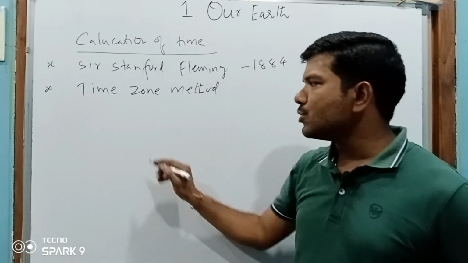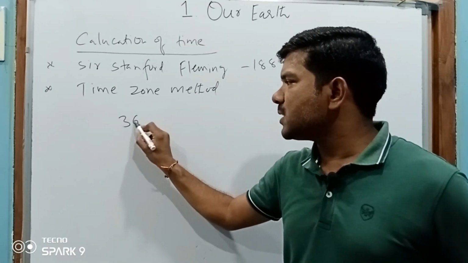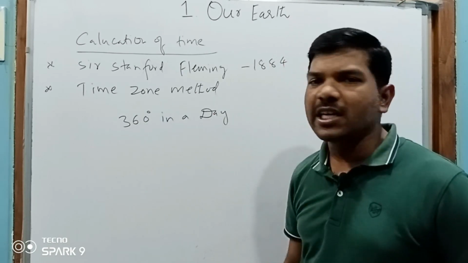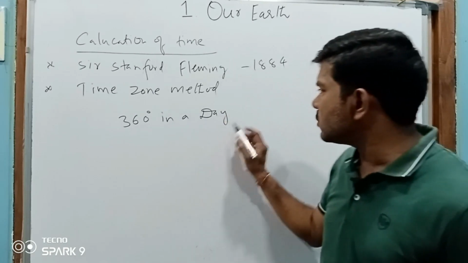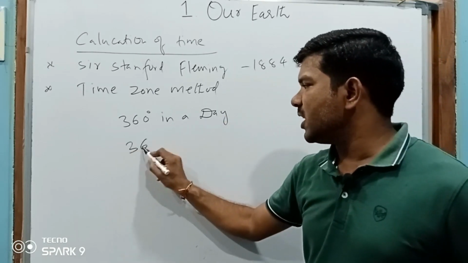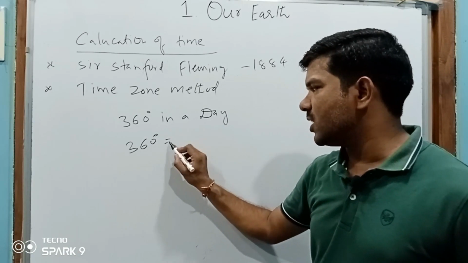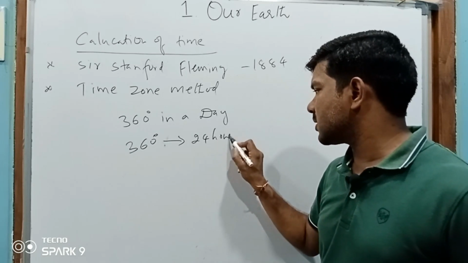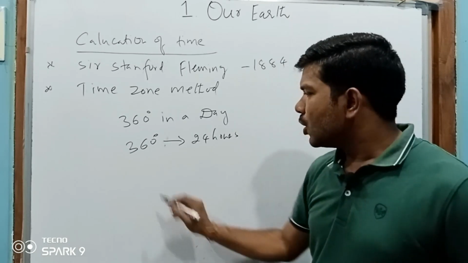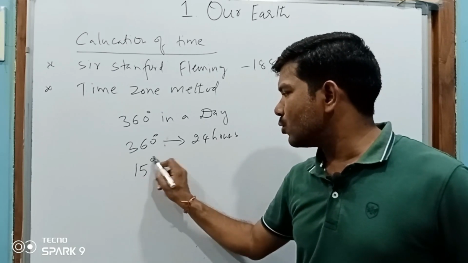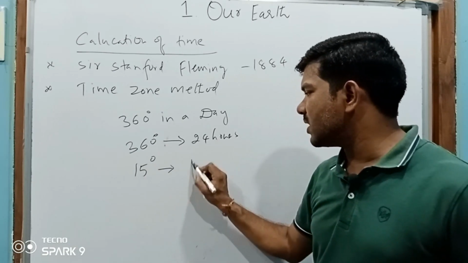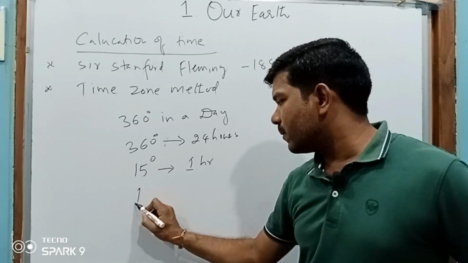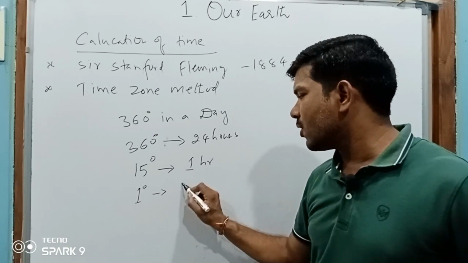Because, as you know, the Earth spins 360 degrees in a day. A day means 24 hours. So to spin 360 degrees, it takes 24 hours. That means to spin 15 degrees, it will take 1 hour.